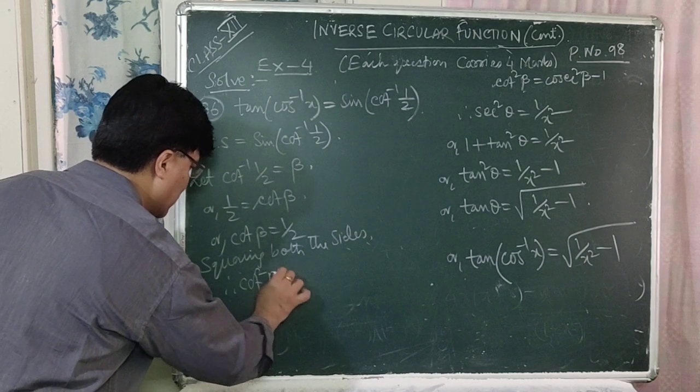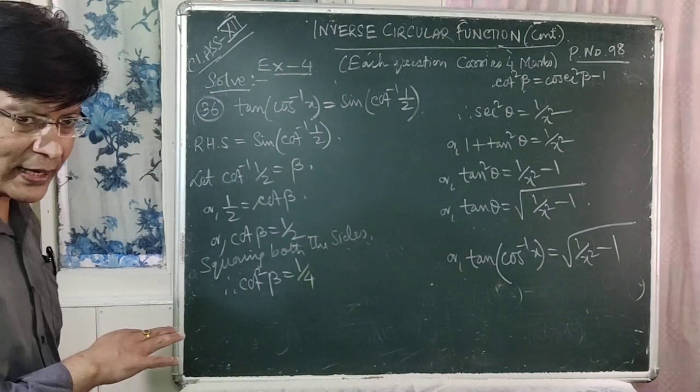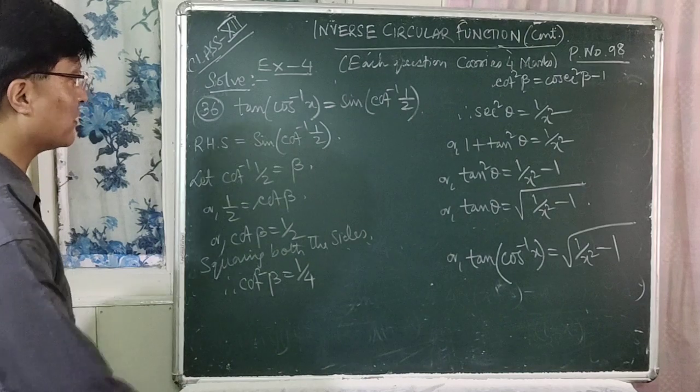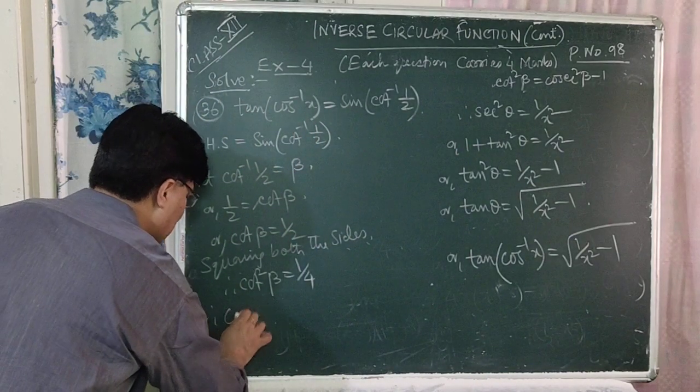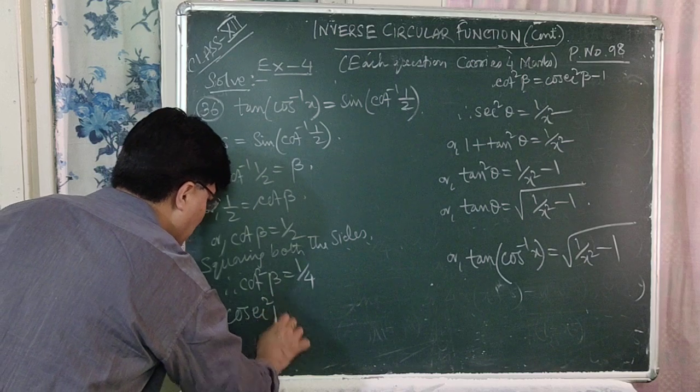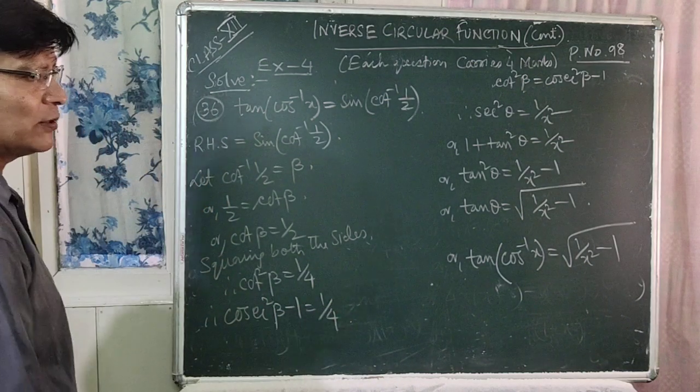Cot square beta is equal to 1/4. So we have squared both the sides, right? What is cot square beta there? Cosec square beta minus 1, isn't it? This is the formula. Cosec square beta minus 1 is equal to 1/4, right?